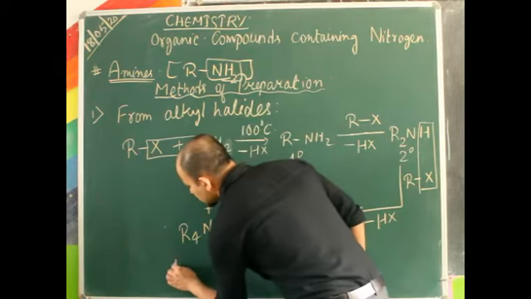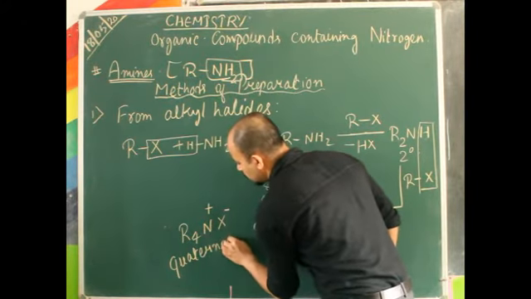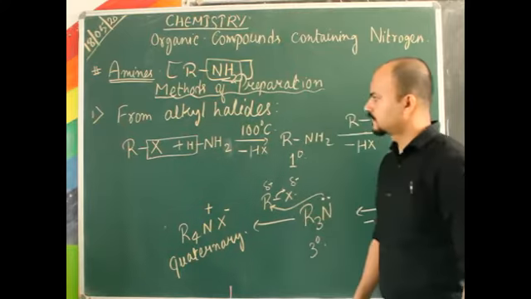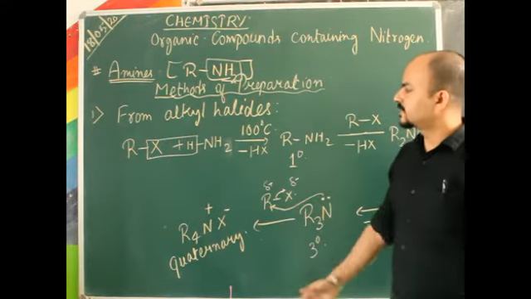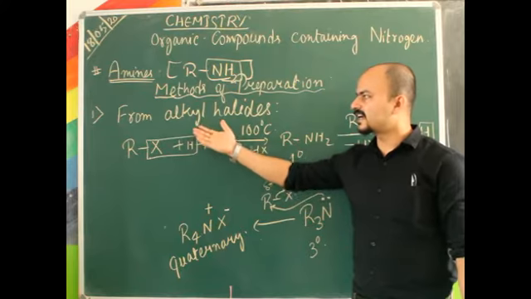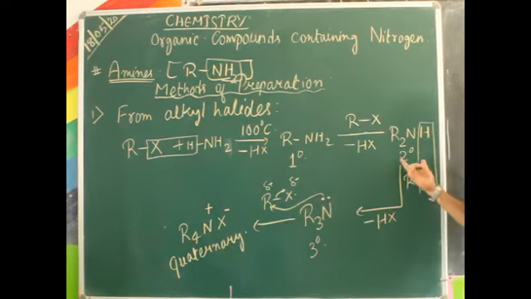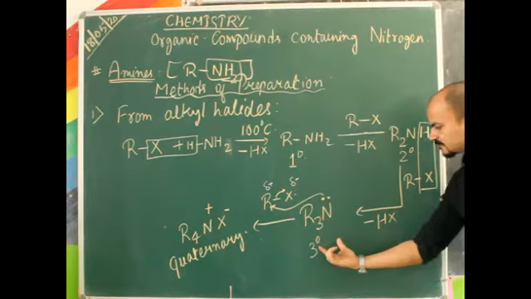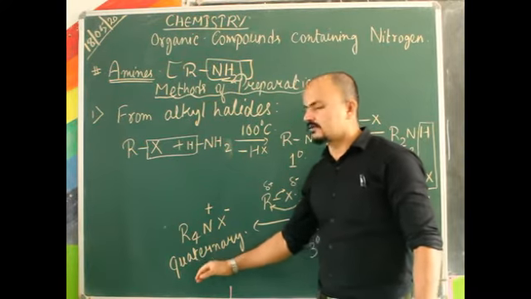This is the quaternary salt. So in this method, from alkyl halide we get first degree amine as well as second degree amine, third degree and fourth degree, that is quaternary salt.